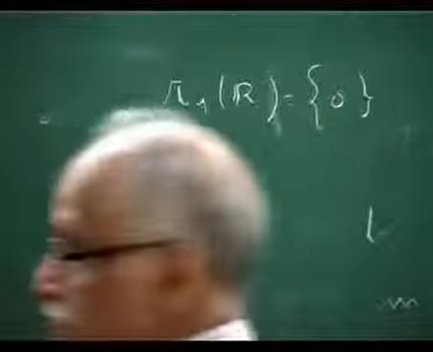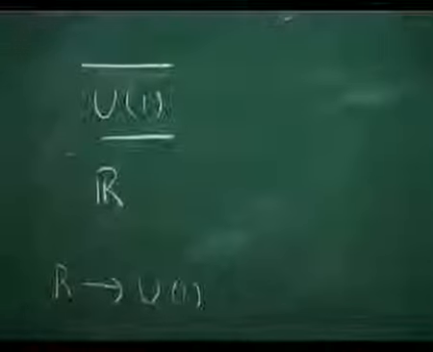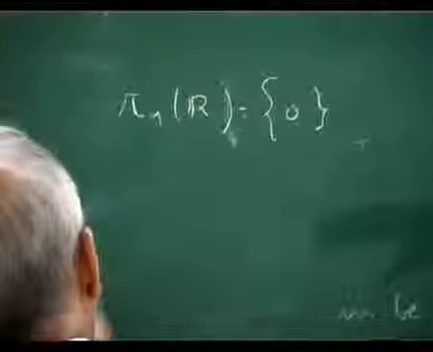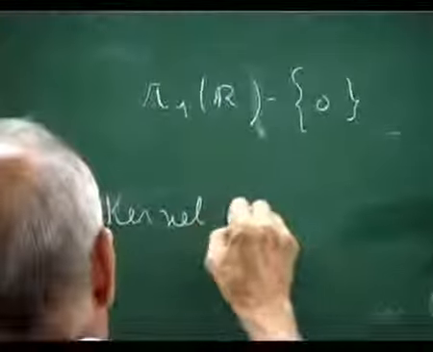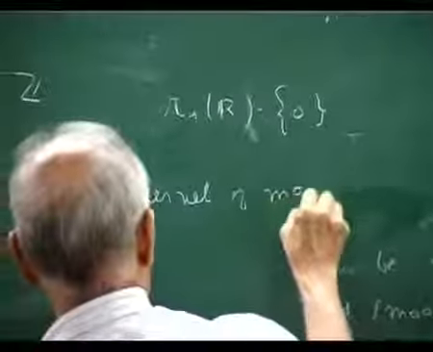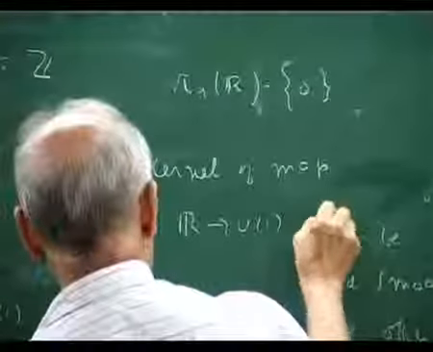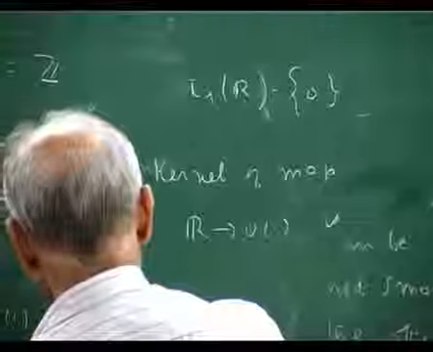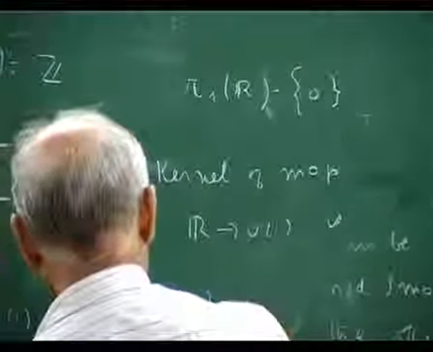R is simply connected, because it's a line, I cannot do anything. And the kernel of this map R to U1, the kernel of the map is a group, is clearly 2 pi n, which is your Z in R.